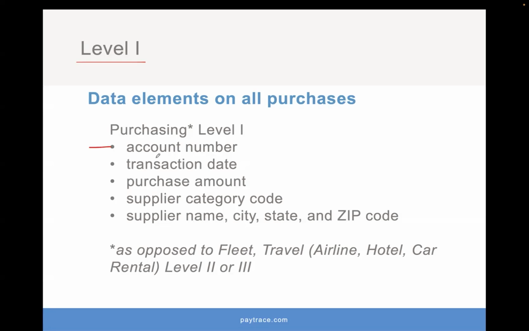It's things like account numbers. What's the credit card number? What's the timestamp of the transaction? How much was that transaction for? And then a couple fields of information on the actual merchant themselves, right? What type of business are they and where are they located? That's it. Just five little bullet points there.